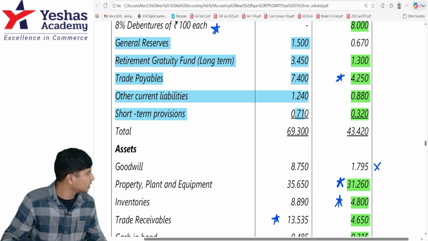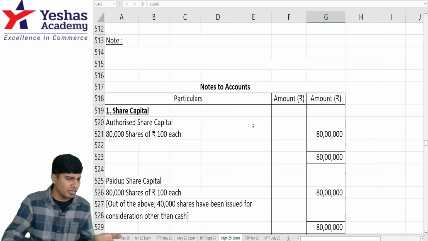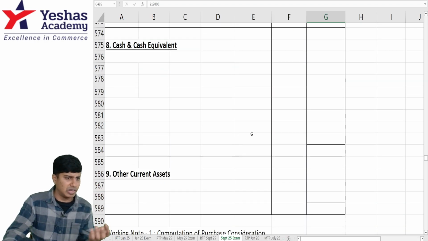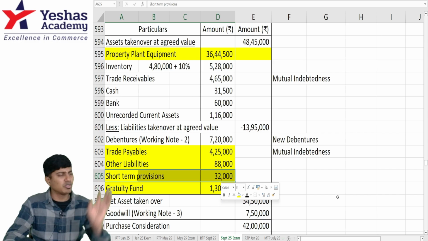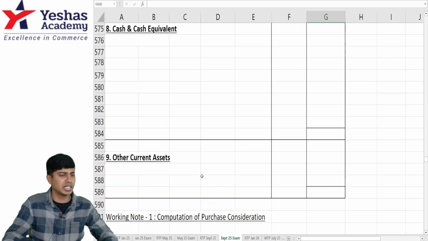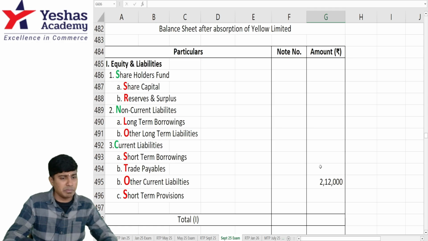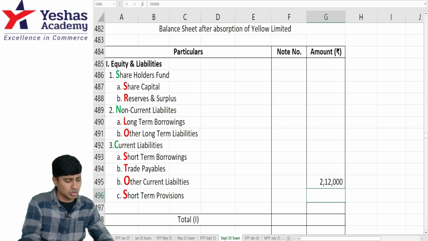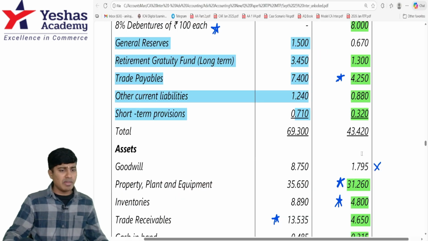No adjustment. No star. Our 71,000. There's 32,000. I think 32,000 we've taken in NATO without any change in the value. Check NATO. No need of notes to accounts also. Straight away add them. 71,000 and 32,000. 1,03,000. I'll write it straight away in balance sheet. Sir, can we write it through notes to accounts? Yes, you can always do that. What do we have after that?